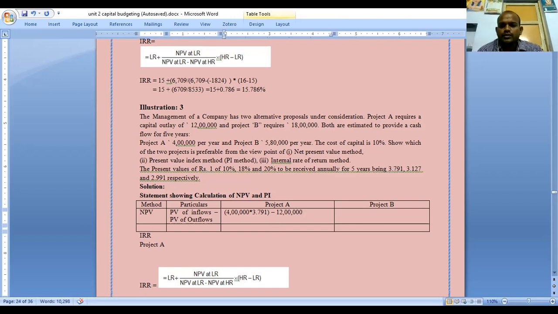I am using the word present value of outflows because today we are investing 12 lakhs. In the sense, present value factor for 0 year is 1. So if you multiply 12 lakh with the 1, it comes the same value.